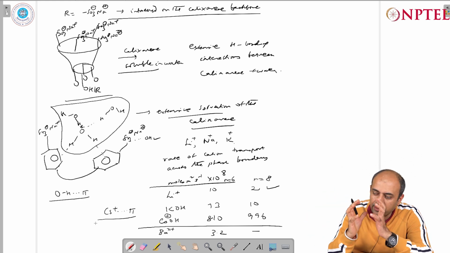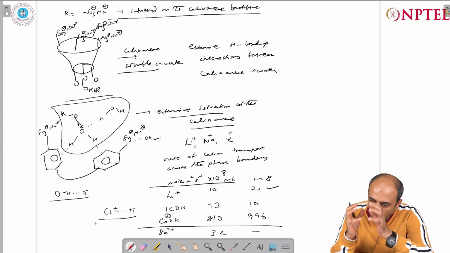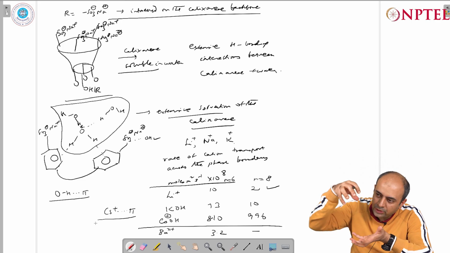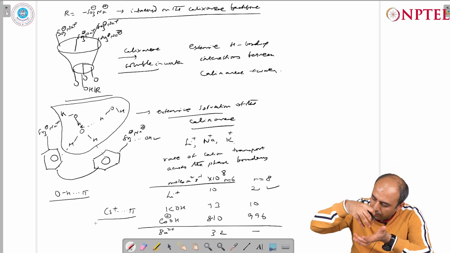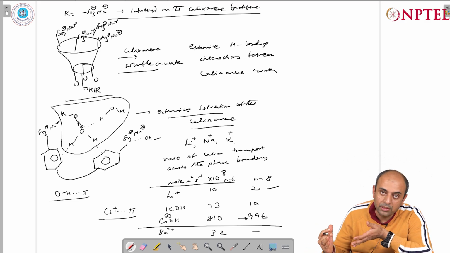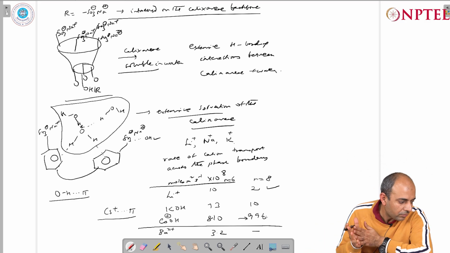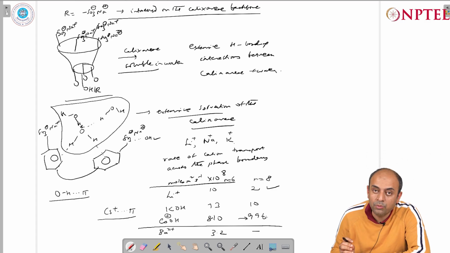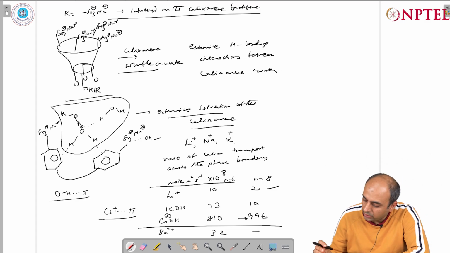The cesium cation is slightly larger in size, and the volume it needs is also appropriate for it to fit into the cavity which is created by the calixarene. In fact, even better for the larger calixarene, and then the transport happens in a very facile way. So, this selective transport of metal cations is what has been achieved using these calixarenes.